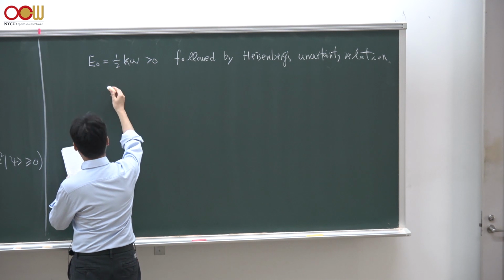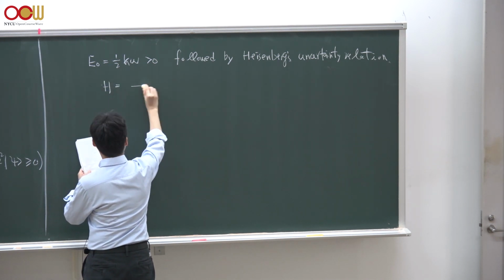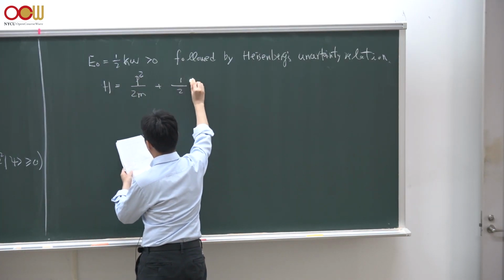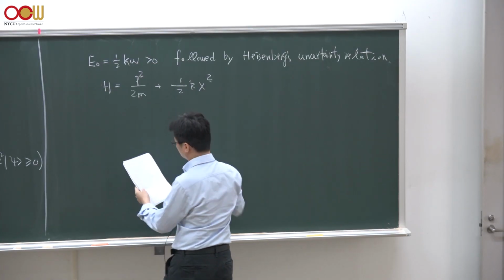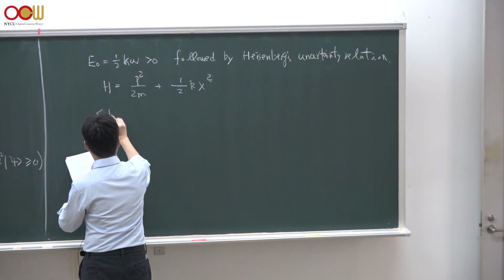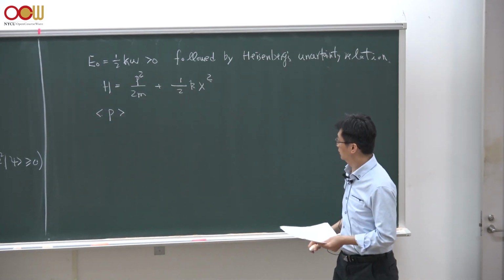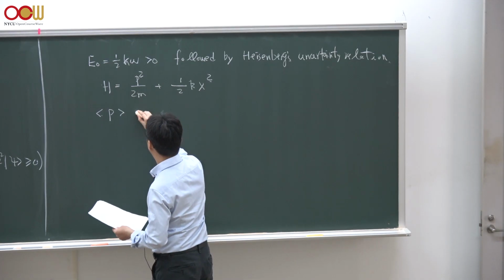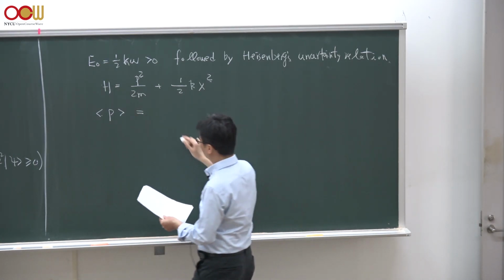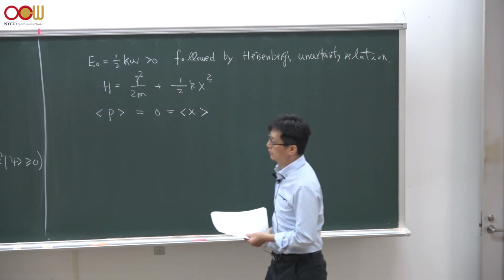So we see that this Hamiltonian is made of what? Kinetic energy plus the potential energy, right? We already noticed that when the system is in the ground state of a harmonic oscillator, if you evaluate the expectation value of the momentum operator and also of the position operator, they both vanish.